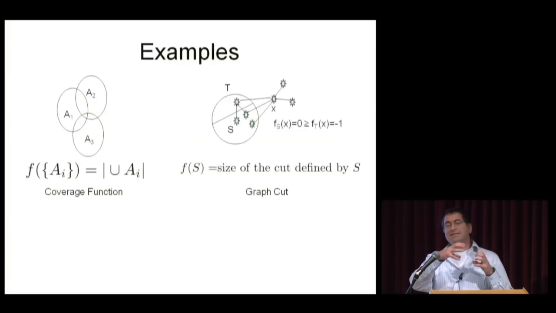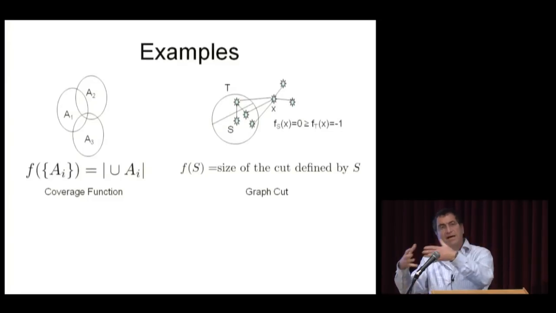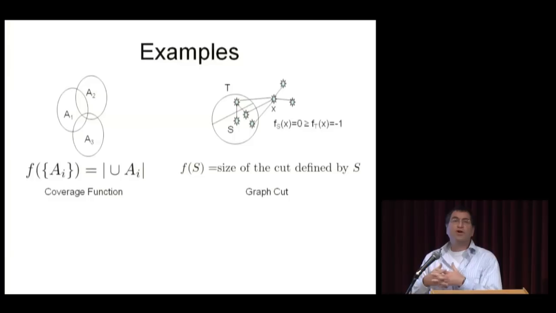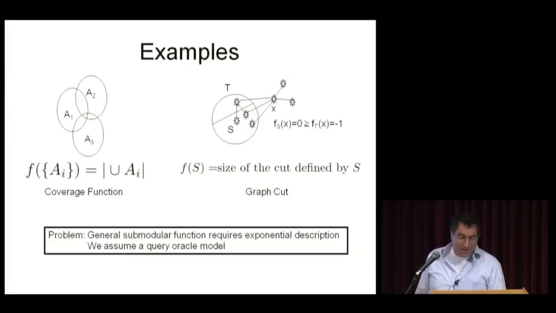If you look at the cut of a set S, at the beginning it is smaller, then it might become larger, and then when the set eventually becomes the whole graph, the cut becomes 0. So it's a non-monotone function. But in this talk we will be interested only in monotone functions, so you can forget about this example and think about sets and things like that.